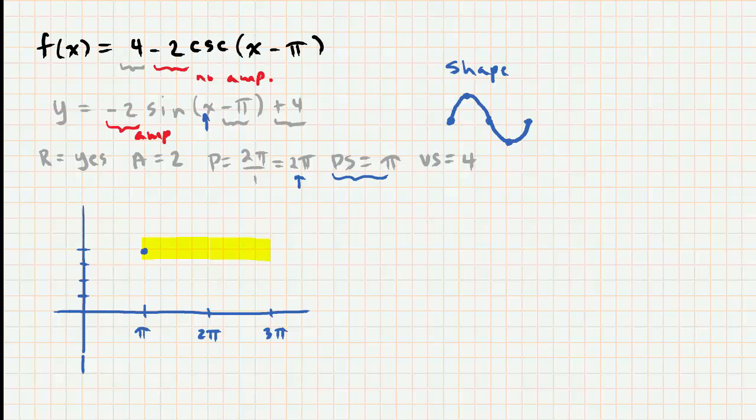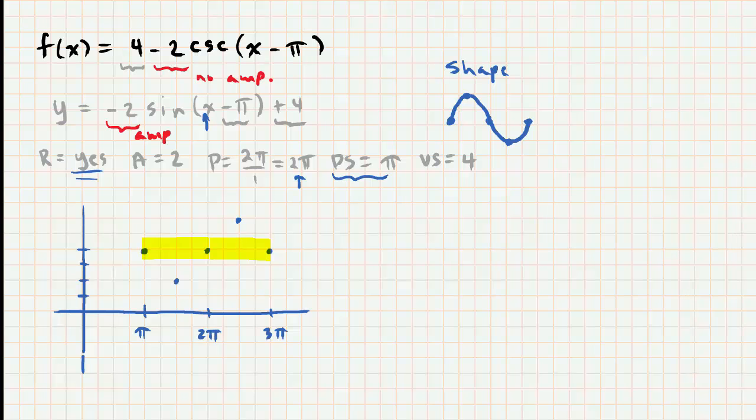We have a left, center, and right key point right on the center line. And then the midpoint between these two, we go up. There's a reflection though, so we're actually going to go down. So normally we would go up, but because there is a reflection, we go down. The amplitude is 2, so we'll go 2 units this direction, and over here we'll go 2 units up.